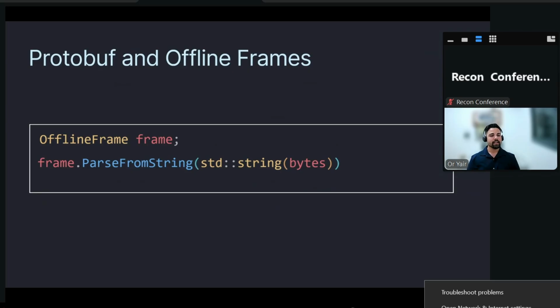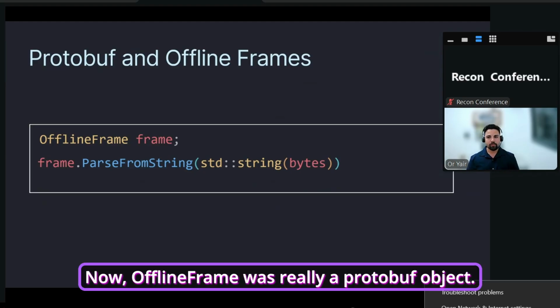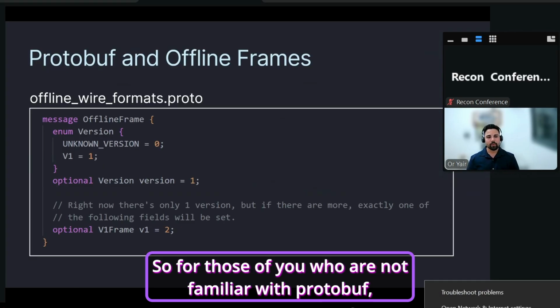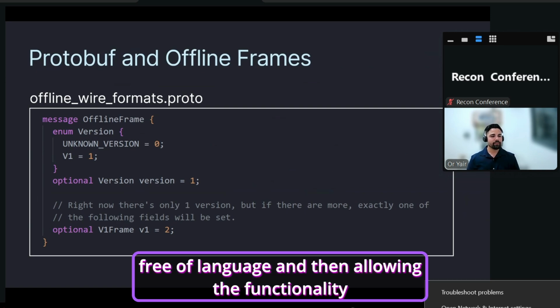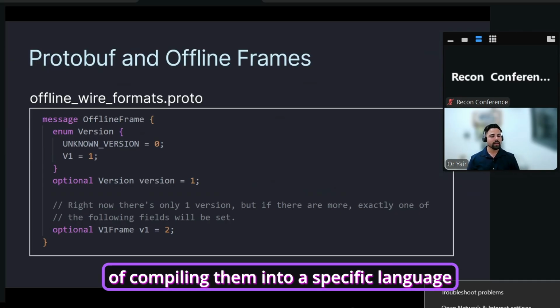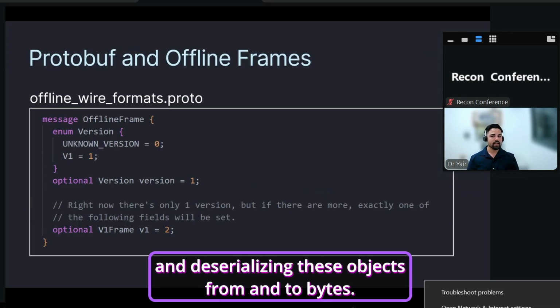Looking deeper inside the read functions, we were able to see that each received packet is parsed into an object called OfflineFrame. Now, OfflineFrame was really a protobuf object. For those of you who are not familiar with protobuf, it's basically Google's way of defining structures free of language and then allowing them to be compiled into a specific language, with methods that allow serializing and deserializing these objects from and to bytes.